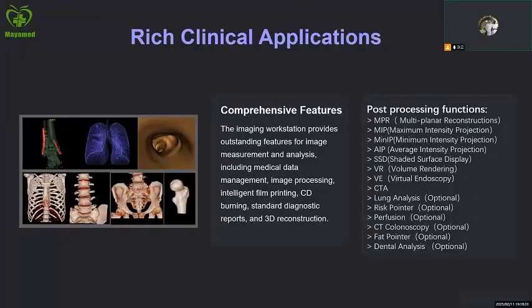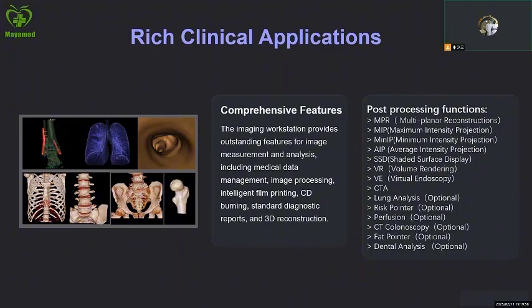And this CT also has a full set of 3D reconstruction, like bone 3D, lung 3D, and volume. We have MPR, MIP, minimum IP, AIP (average intensity projection), SSD (shaded surface display), VR (volume rendering), virtual endoscopy, and CTA.